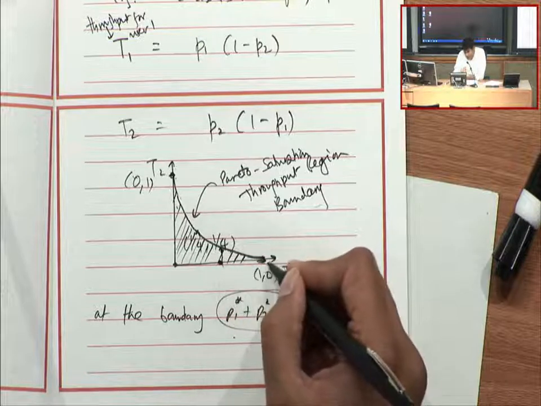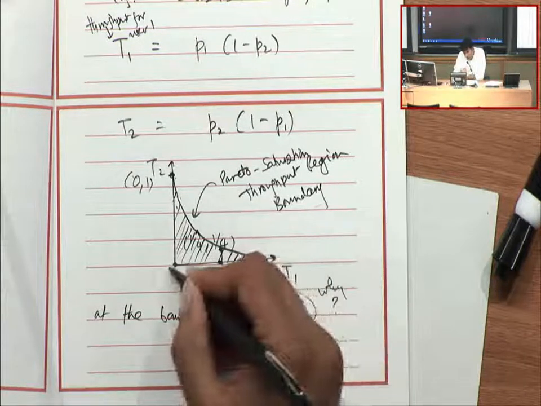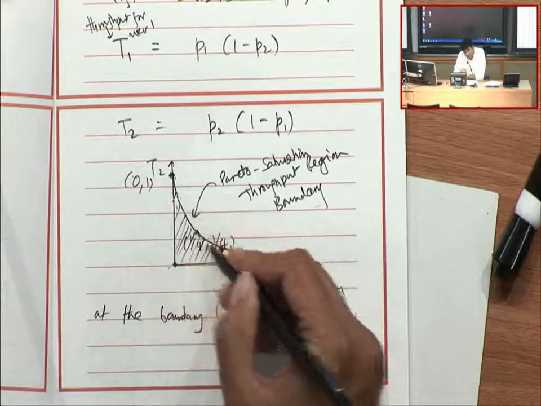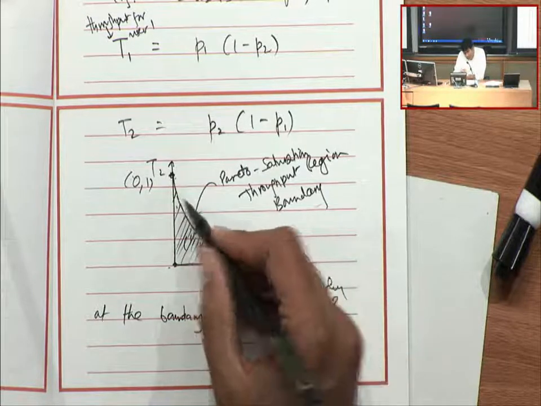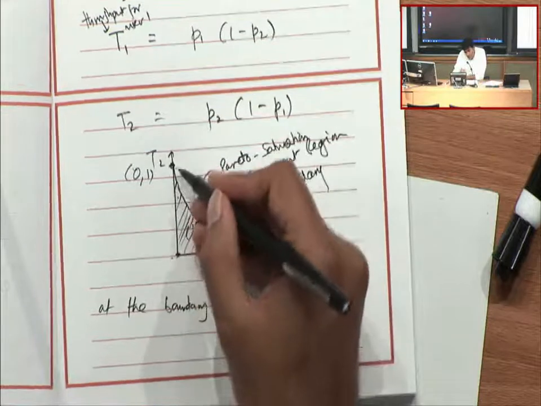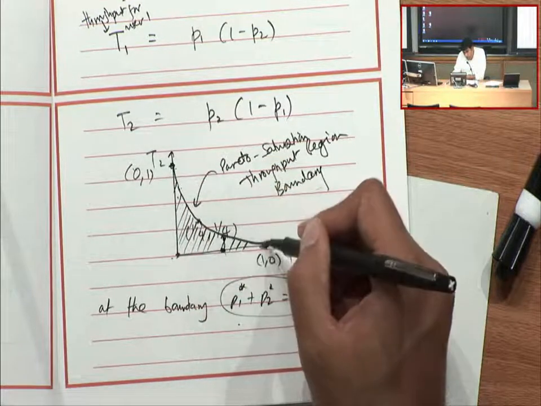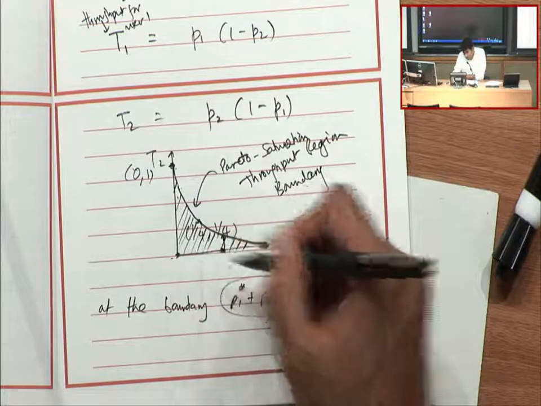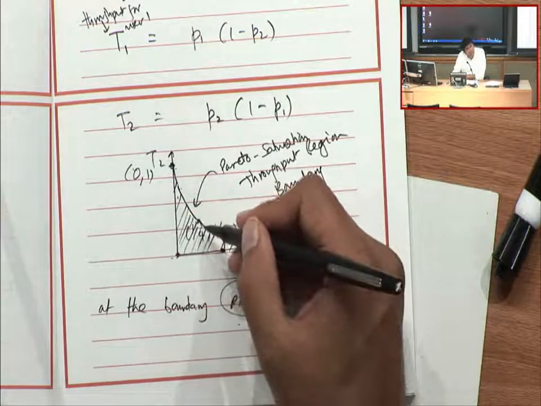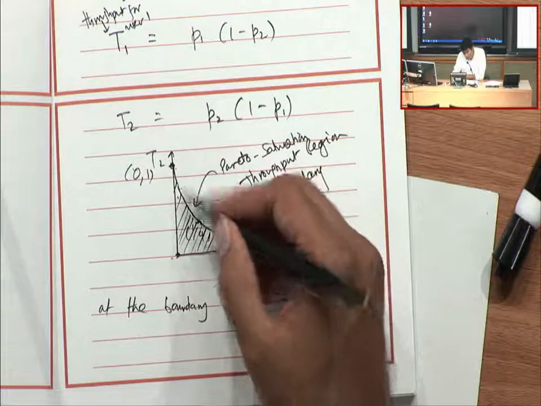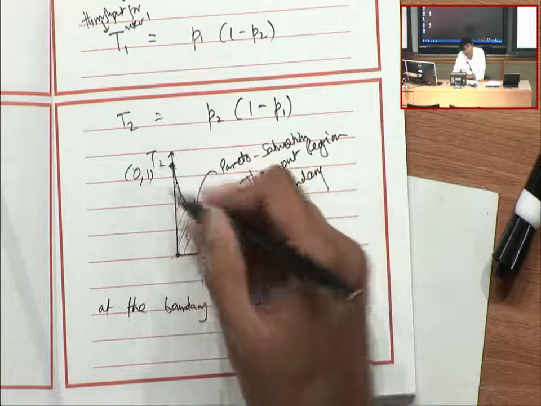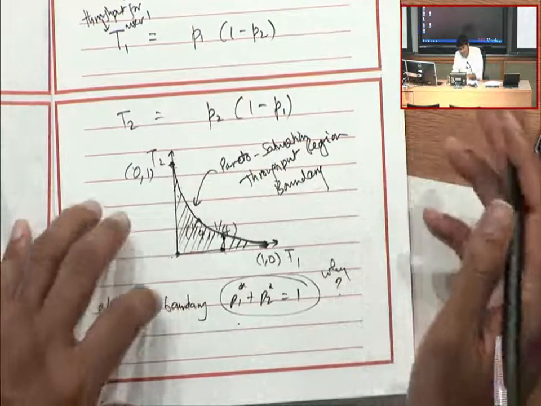And if I did that for different values of T1 going all the way from 0 to 1, I would trace out this whole curve. So if I solve this problem for T1 equal to 0, I would get that T2 equals 1. If I solve the problem for T1 equal to 1, I would get that T2 equals 0. If I solve the problem for T1 equal to a quarter, I would get a quarter. But if I did it for every value of T1 and maximize T2, I could trace out the whole curve. So that's the idea.